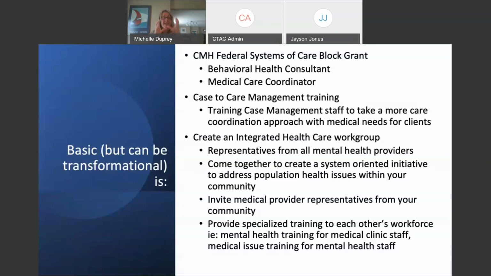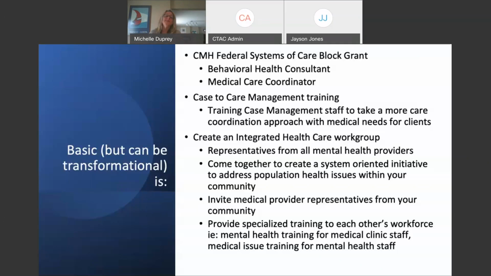They get those clients into, maybe, their Medicaid health plan for some therapy, or they keep them. My behavioral health consultant will keep that client who's pretty mild and do some intervention with them in that medical clinic. So this is funded by the federal system, the systems of care, through a block grant.